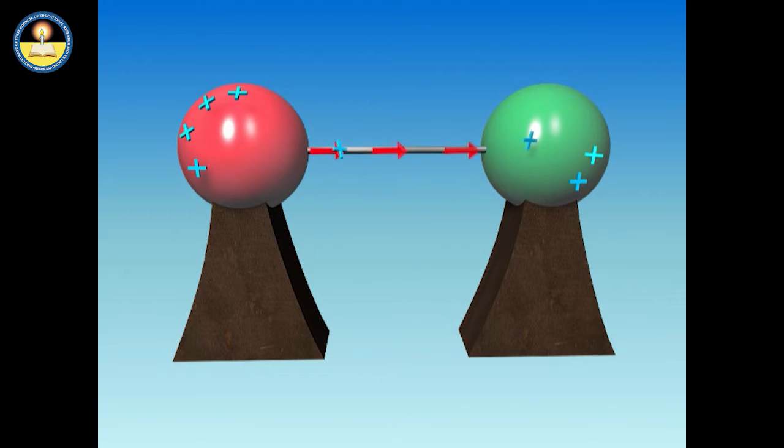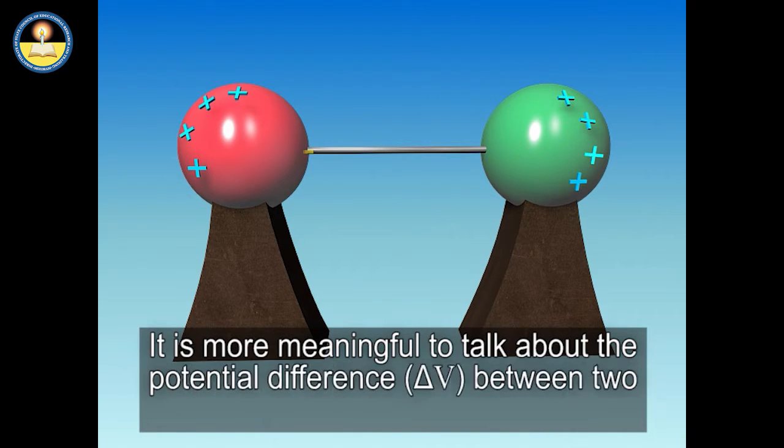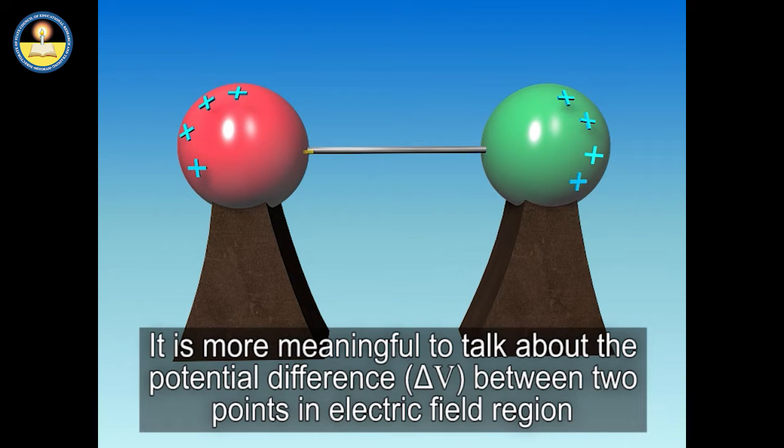Here, it can be noticed that the charges continue to flow until the potentials on the two become equal. This shows that it is more meaningful to talk about the potential difference between 2 points in an electric field region than the potential at one point.